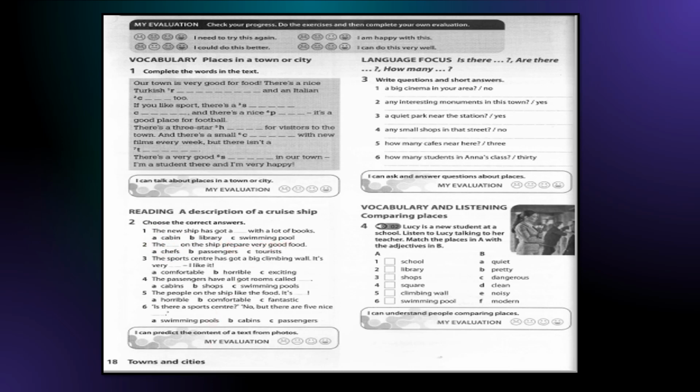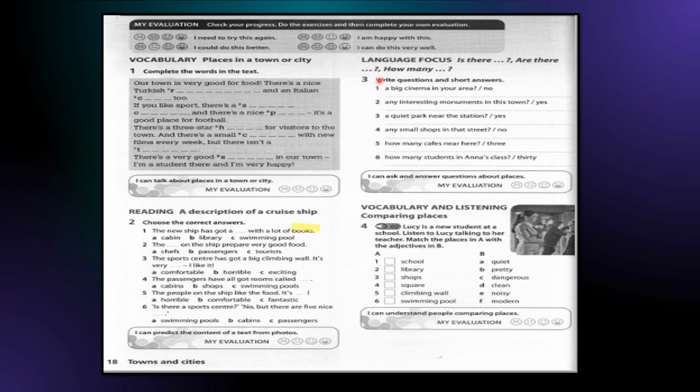So make sure you underline the keywords. For example, the keyword here is books. So, which one can you relate to books? Yes, good, library. So just circle the word library here. And the same goes for number 2, 3, 4, 5, and 6.